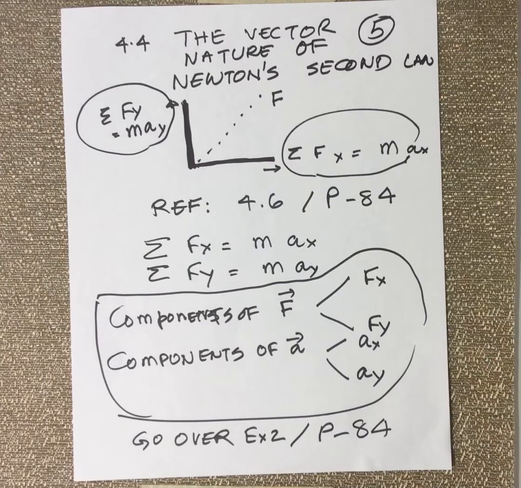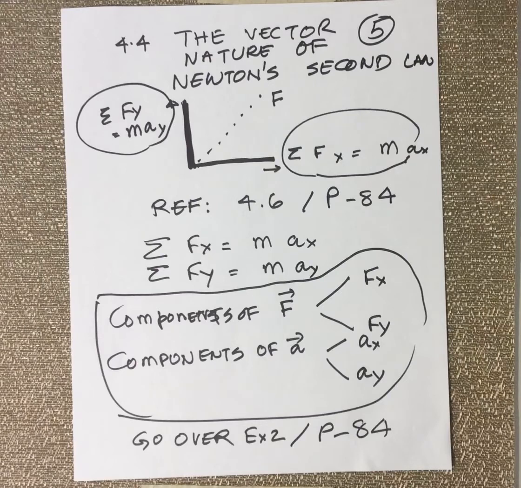But now we'll be resolving the forces with mass and acceleration, because the second law says force equals mass times acceleration. So if you have a force F, as you see in this figure, then the sum of Fx will be mass times ax.